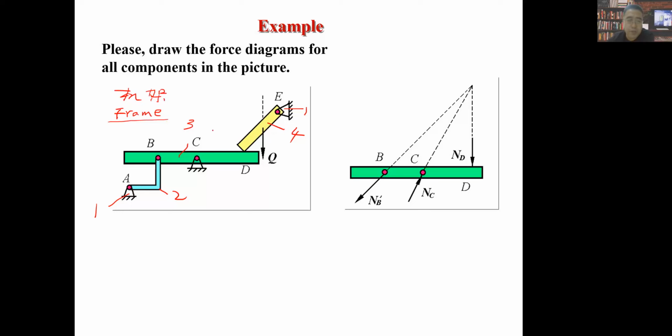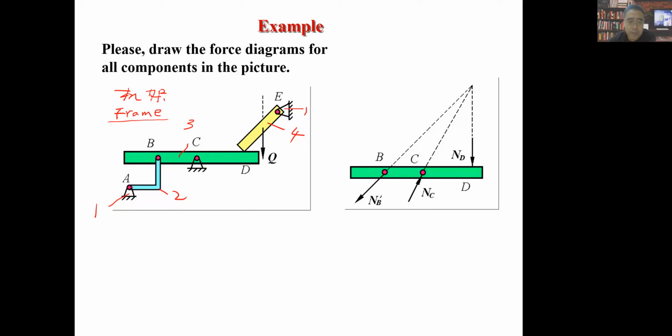So first, I should mention here. So you guys see here, although this AB is not a straight line rod, it's not drawing its gravitational force here. That means we can totally neglect the effects of its own gravitational force.